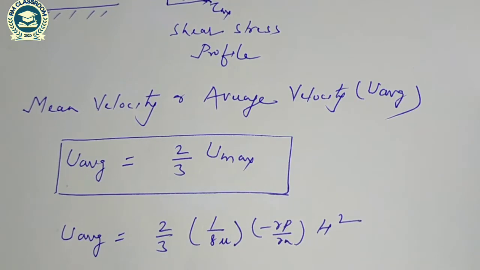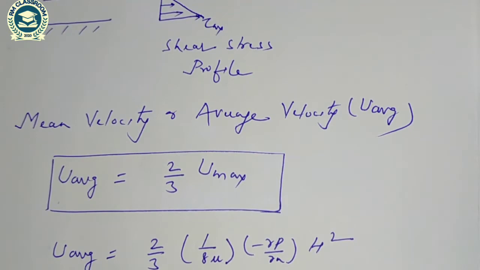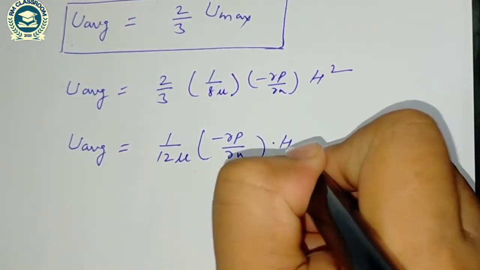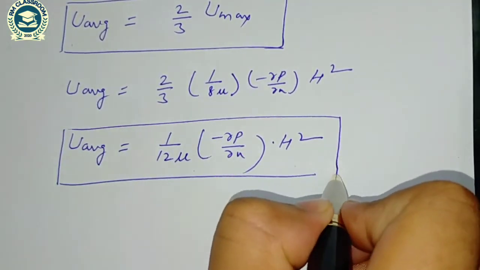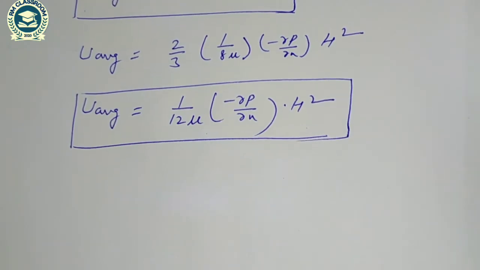So average velocity is equal to 1 by 12 mu into minus del p by del x into h square. So this is our expression of average velocity in the fixed parallel plates.